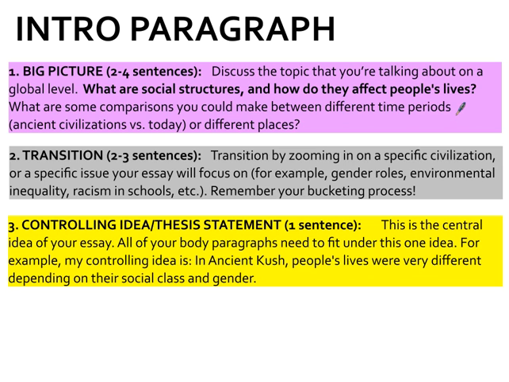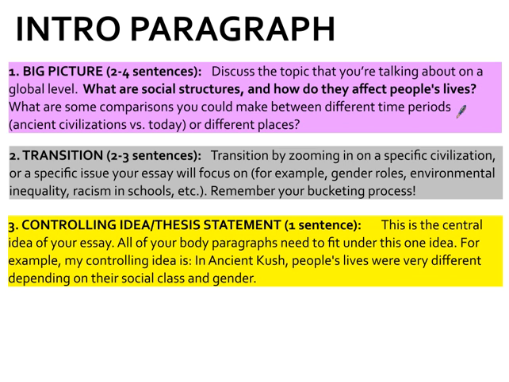In the big picture, which is 2 to 4 sentences, I start with, discuss the topic that you're talking about on a global level. These are more directions of how to write this. What are social structures and how do they affect people's lives? You are setting your reader up to really think about a big idea.